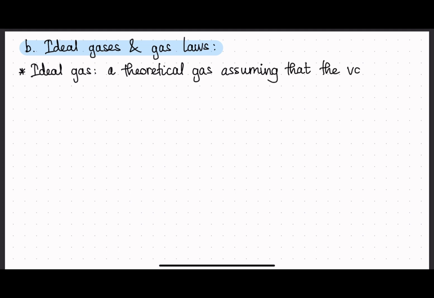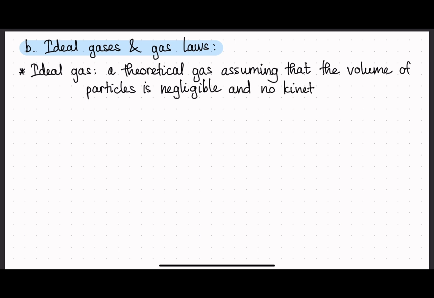So for example, if we have a gas in a container, we assume that the particles don't have a volume, which is not possible in real life. That's why this gas is ideal and it is not a real gas, it's just a theoretical gas.